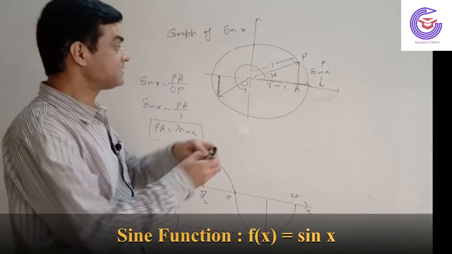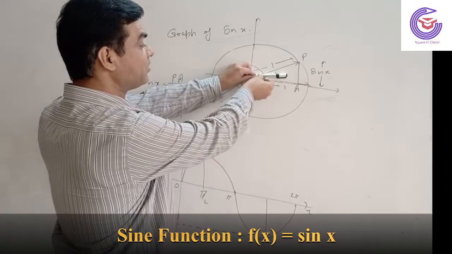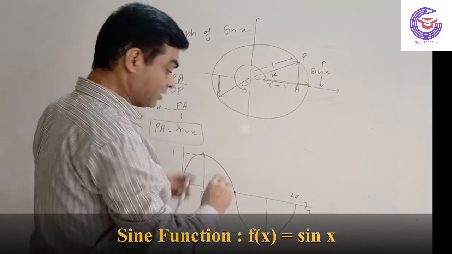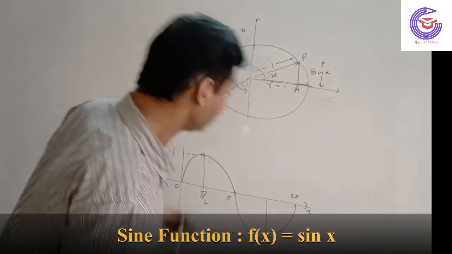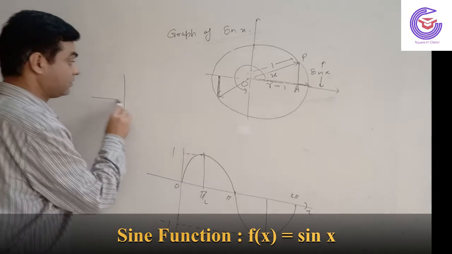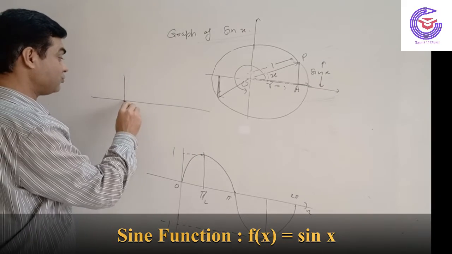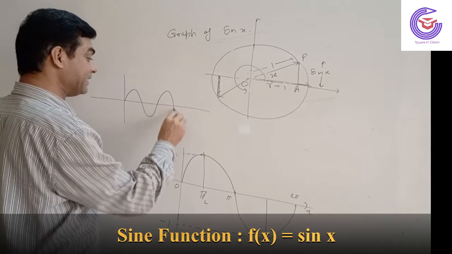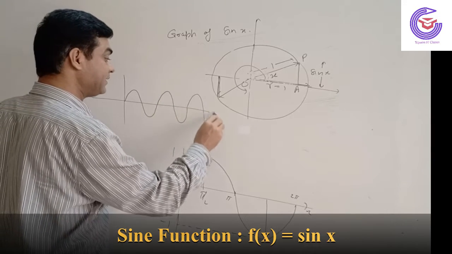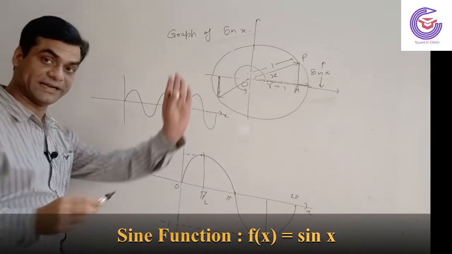After that the same thing keeps repeating. From 0 to 2 pi is one loop, then another loop repeats again, and it keeps going to infinity.